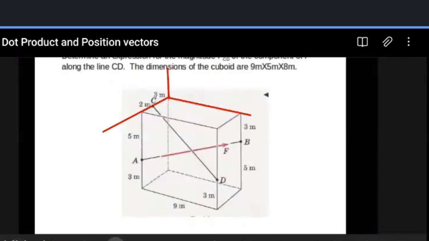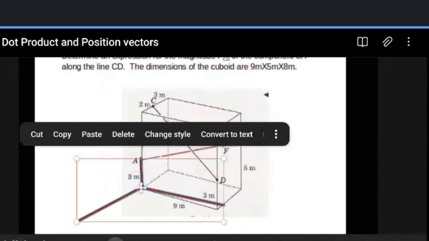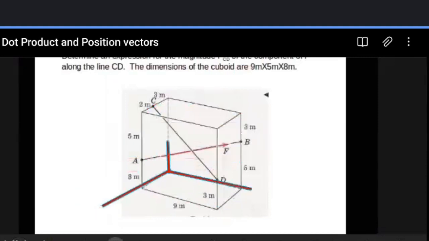Or you can put it somewhere here, or even right here. For this example, we're going to use it right at this point. So take this to be our x-axis, this to be our y-axis, and then we'll take our z to be this line. Now, in this case, how do we approach the question then?